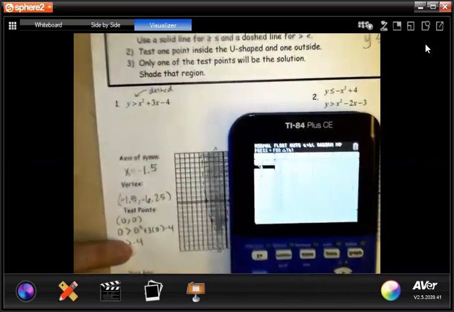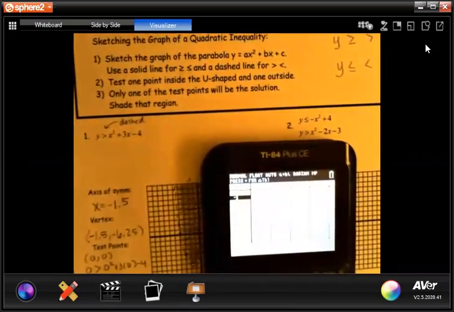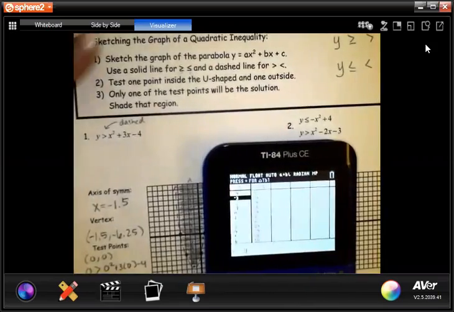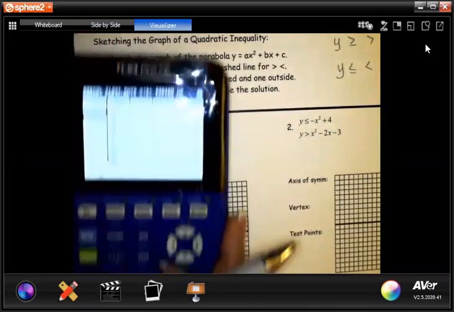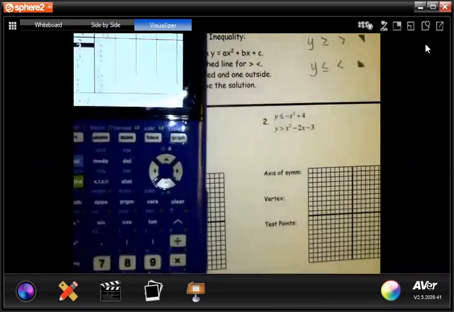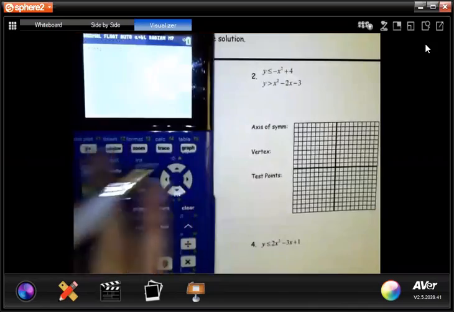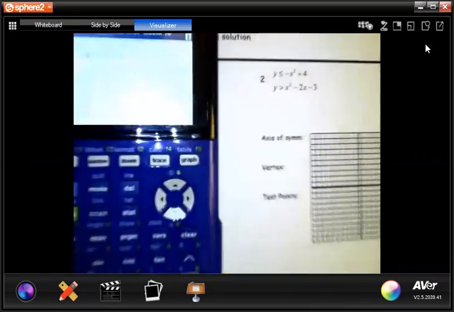That's still kind of clear. All right. So we are going to go to our y equals, oh, that's still got a terrible glare. There we go.